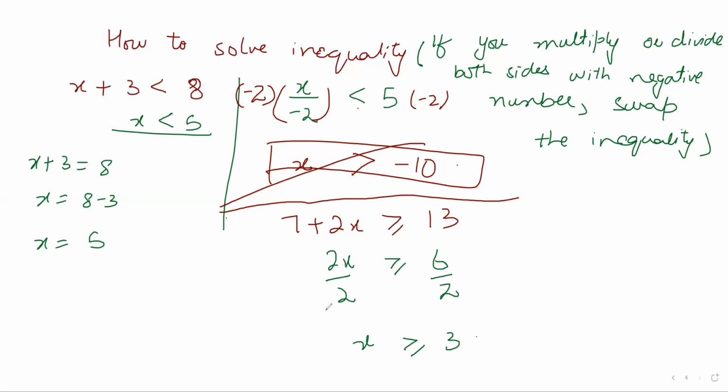So these are some kinds of inequalities that we're going to learn about. Okay, if we have an inequality of this type, 5 minus 3x is less than or equal to minus 10, what will be the first step?